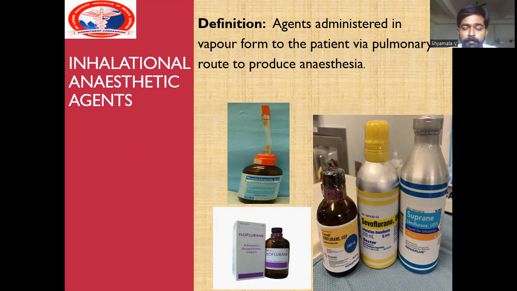Ultimately, it will go and circulate in the gas exchange, where the oxygen and carbon dioxide move in the normal respiratory circulation, right? In that part, it will get circulated, go inside the patient's lung and give the anesthesia effect.